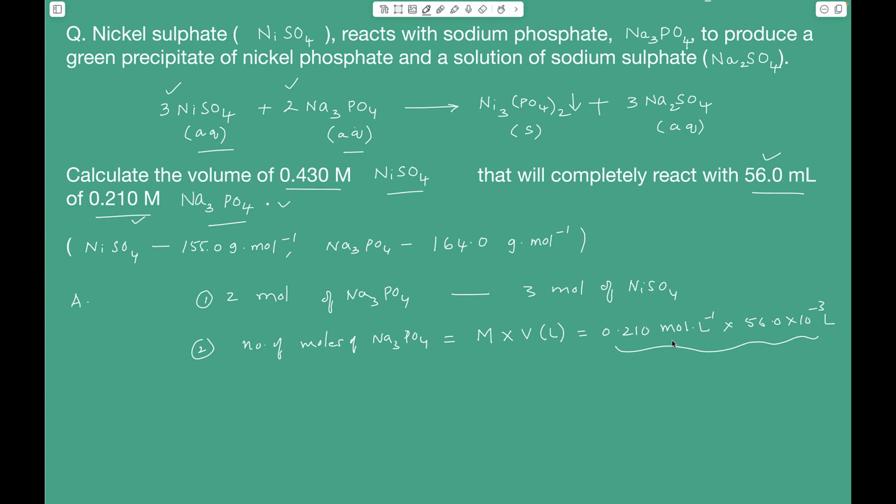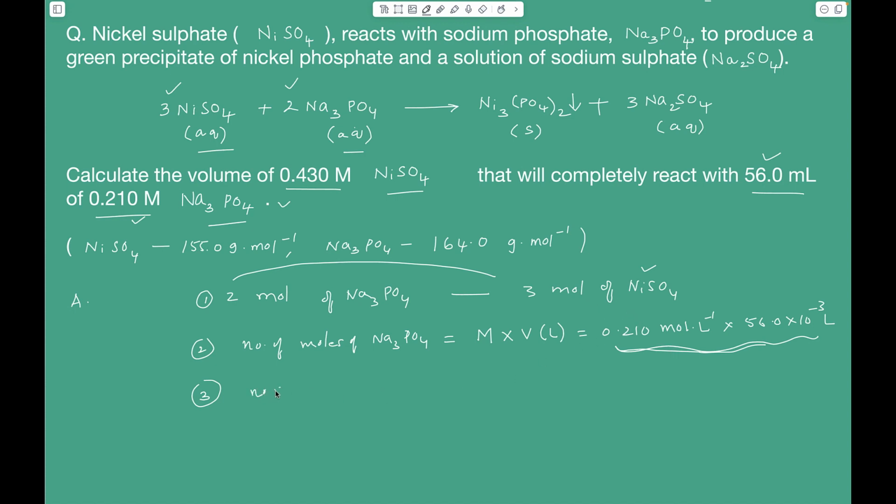Now, can we calculate the number of moles of nickel sulfate required to react with these many moles of sodium phosphate? Of course, we can do that by using this relationship. So, if 2 moles of sodium phosphate reacts completely with 3 moles of nickel sulfate, then these many moles of sodium phosphate react with how many moles of nickel sulfate?